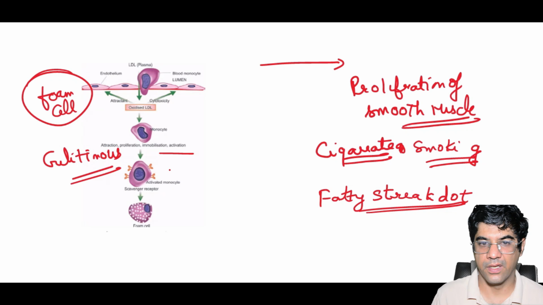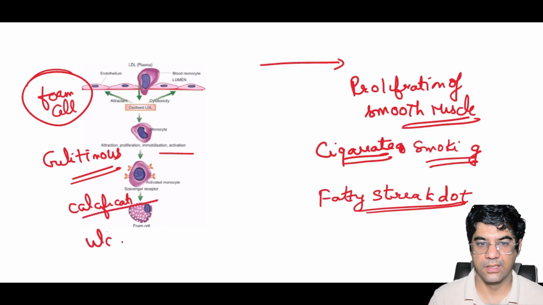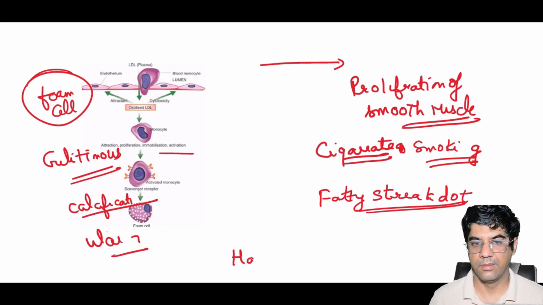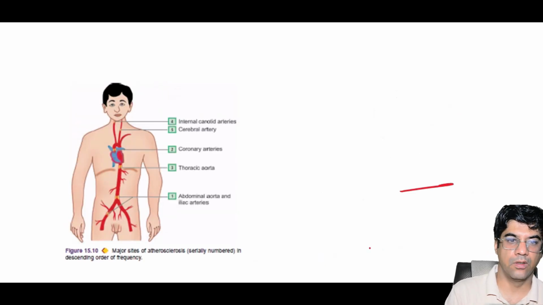There may be calcification, ulceration, hemorrhage, and aneurysm formation. So these are the major sites of atherosclerosis in the descending order of frequency. Remember that from your exam point of view.